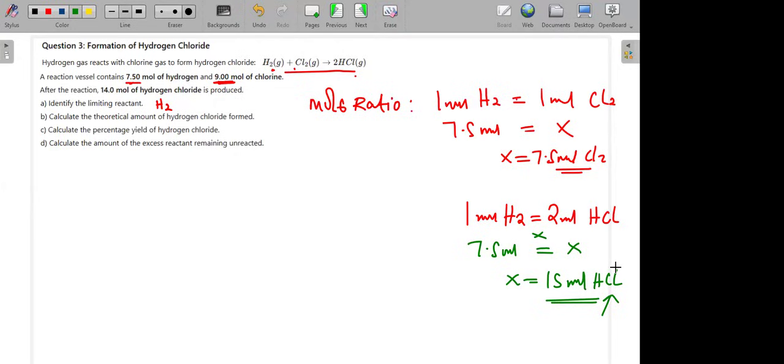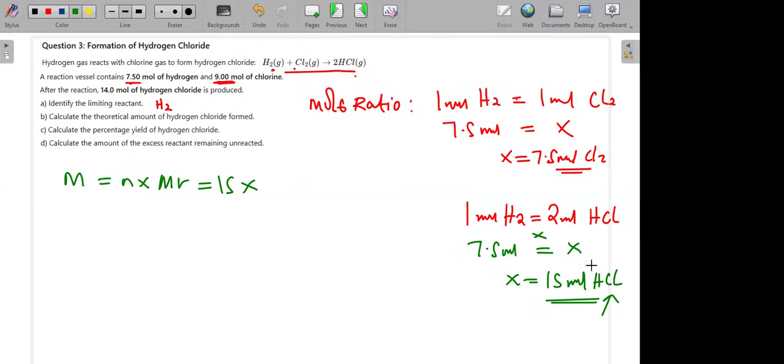Now, to calculate the theoretical yield, I would use mass equals moles multiplied by the molar mass. So the moles is 15 multiplied by the molar mass. But here we're not even given the mass, so we can just do our calculations in moles.